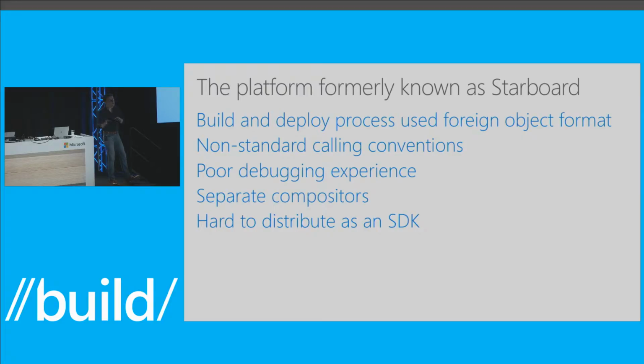But what that meant was we had non-standard calling conventions. It meant that we had a really bad debugging experience because call stacks were really hard to reconstruct across that divide. And it meant that we had to have two separate compositors to render all of that UI. Now, there are workarounds for all of that stuff.